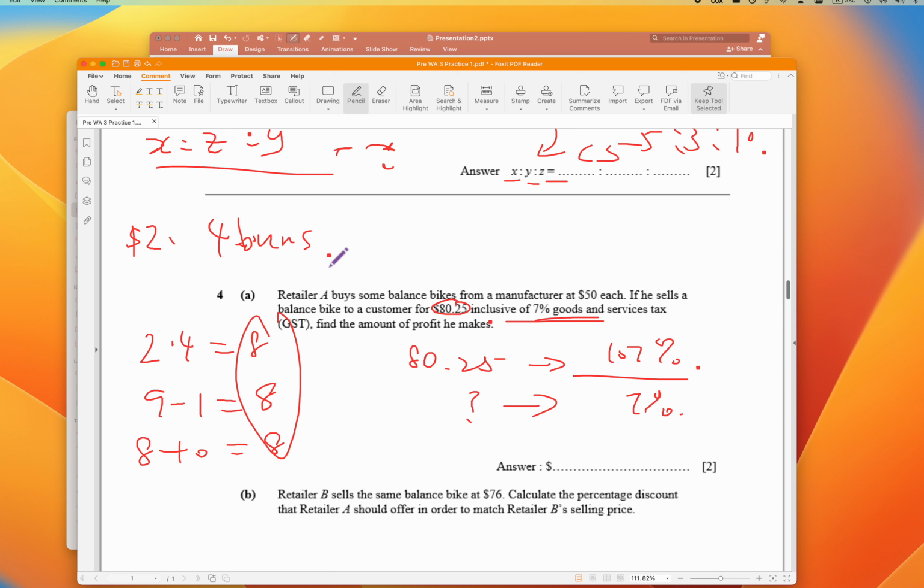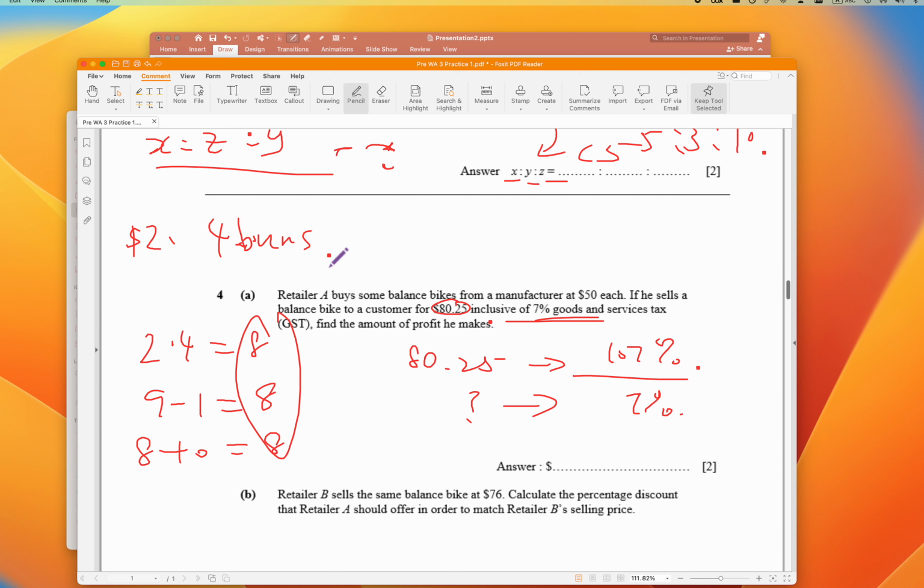So which one is correct here? Which one of these is correct? The first one. Correct. Can you use 9 minus 1? No. Can you use 8 plus 0? No. Same thing. Okay? You can give me the correct answer, but if the approach is wrong, you are wrong.